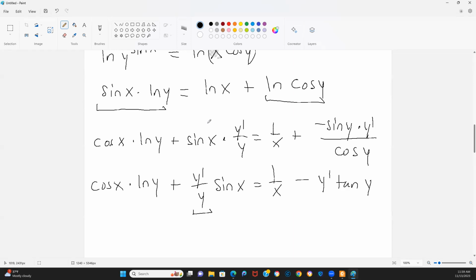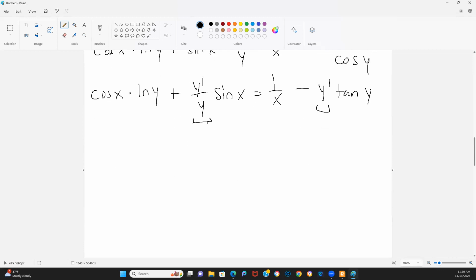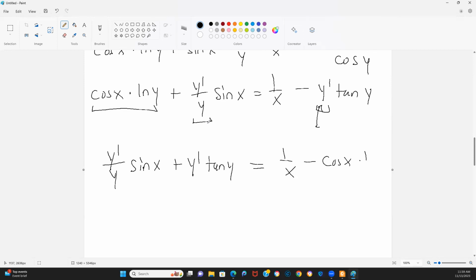So I have this y prime here and y prime there, so I need to put these together and solve. So I'll add this thing to both sides, and then I'll subtract this from both sides. So you get y prime over y sine of x plus y prime tangent of y is equal to 1 over x minus cosine x times ln of y.